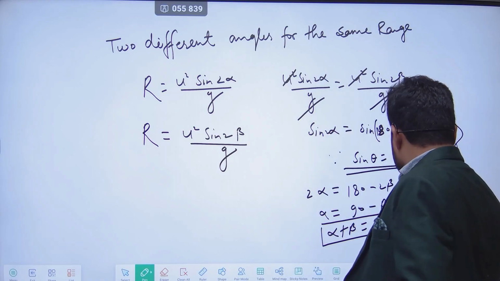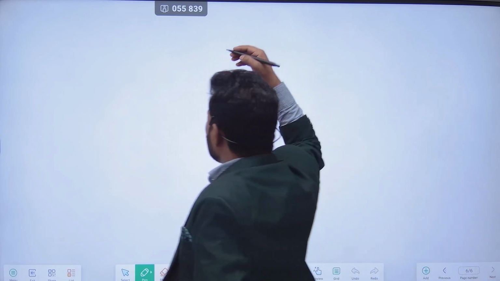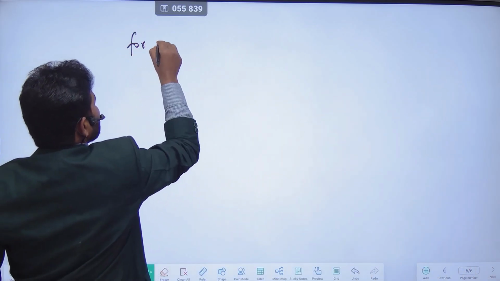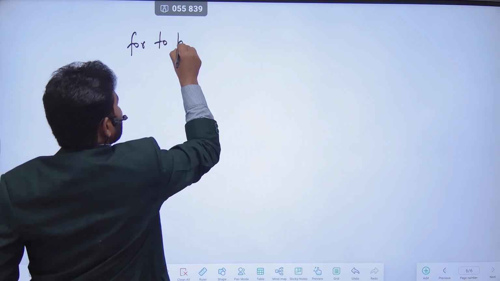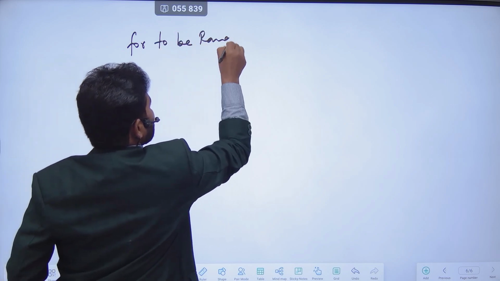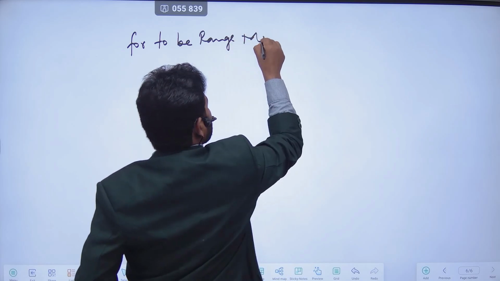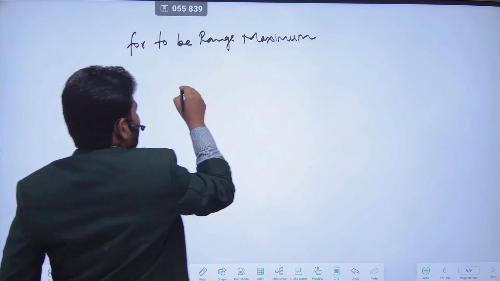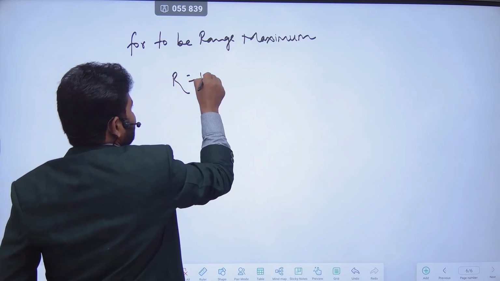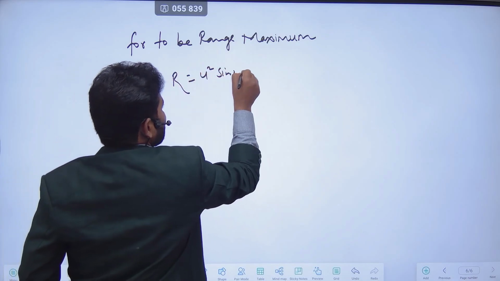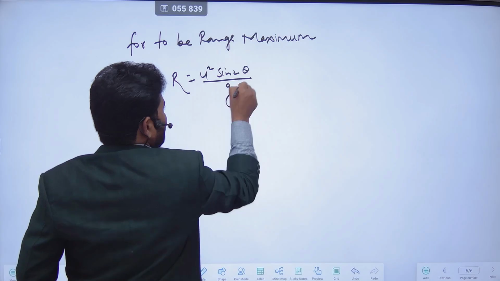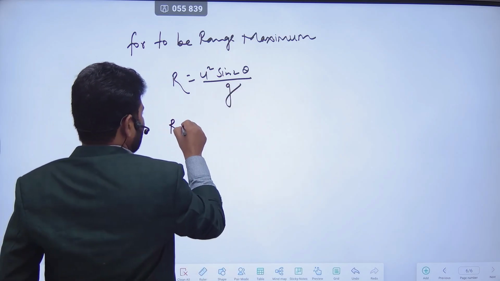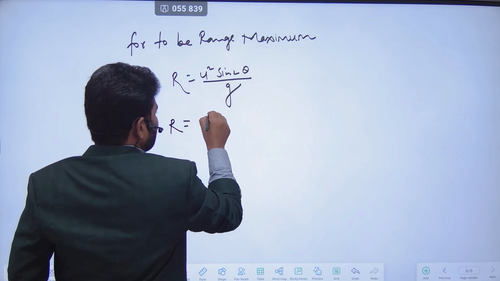Similarly, in the next case, suppose we want the range to be maximum. Here we know that R is equal to u square sine 2 theta by g.